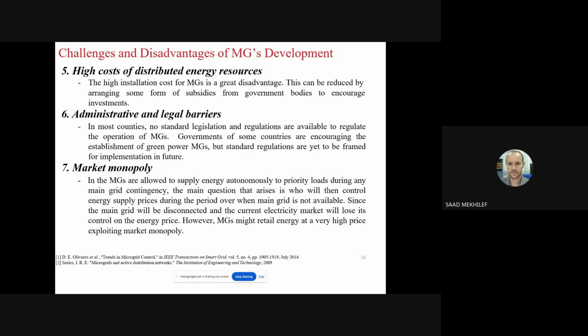Yesterday we discussed the high capital costs, and many problems with the administration and the legality of this kind of microgrid. Who owns it? If it is a community, who owns the community? Is it the government? Is it the municipality? Who maintains it? There are a lot of legal and administrative constraints that need to be addressed when deploying this kind of microgrid, especially in a community.